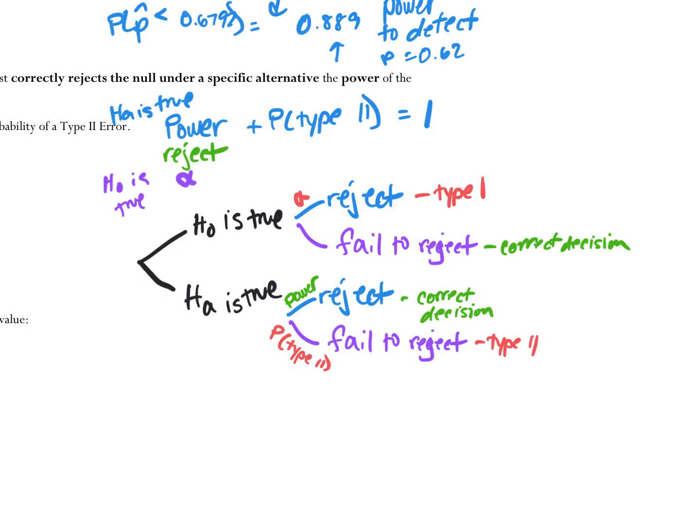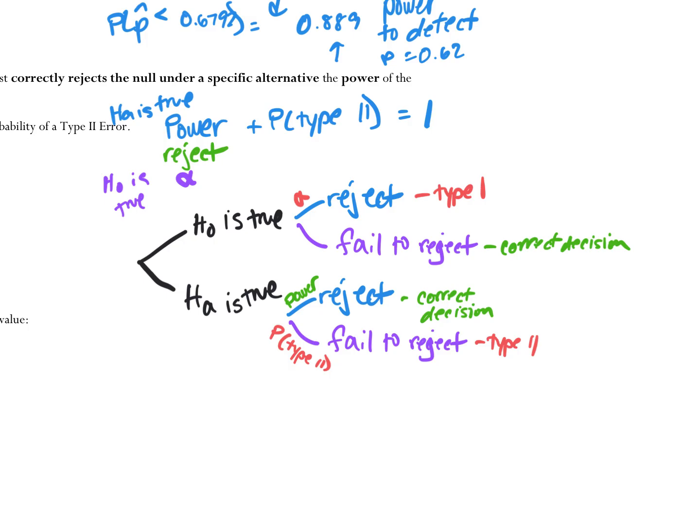Again, these two only occur if the alternative is true. This is calculated as if the null is true. And we actually do all of our calculations as if the null is true.